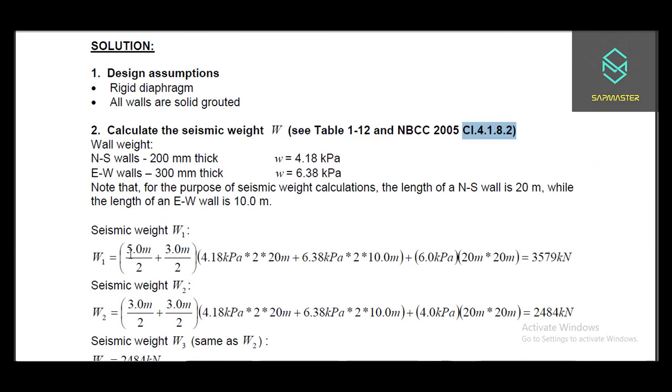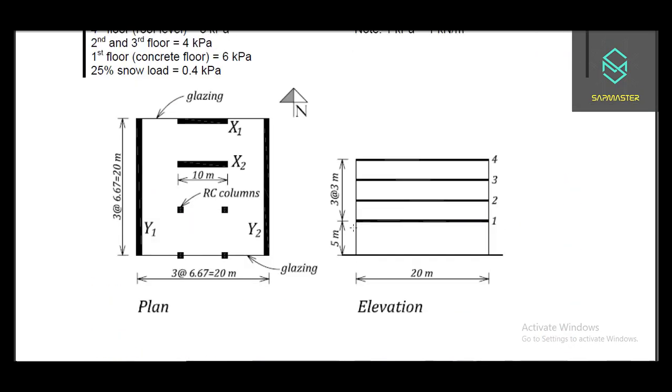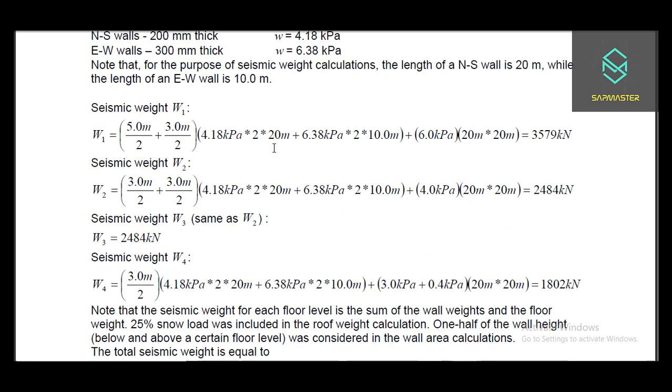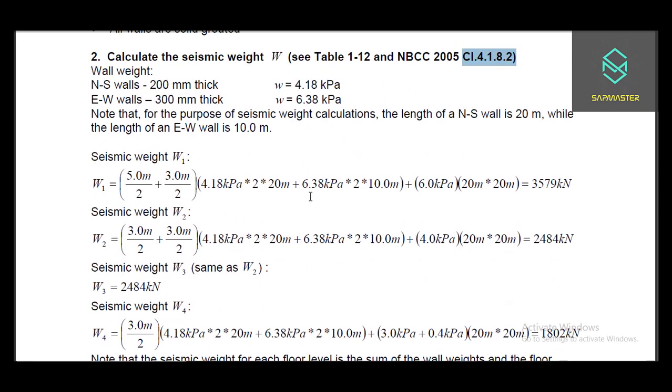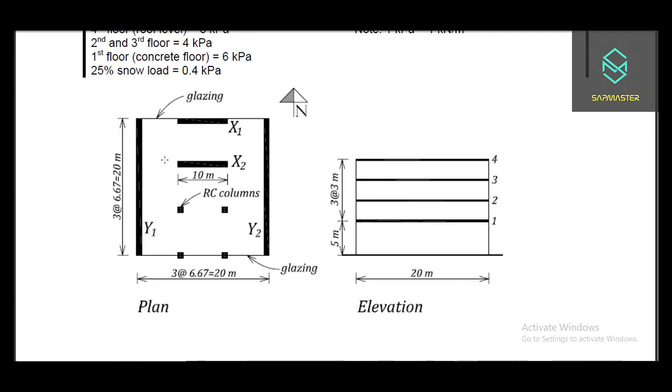That's why we have 5 over 2 plus 3 over 2 multiplied by 4.18, and we have two of them, and the length is 20 meters. Remember that you are calculating half of the weight of these two walls, which are 20 meters. And then you will have 3.68 multiplied by 2 multiplied by 10. These are these two walls.